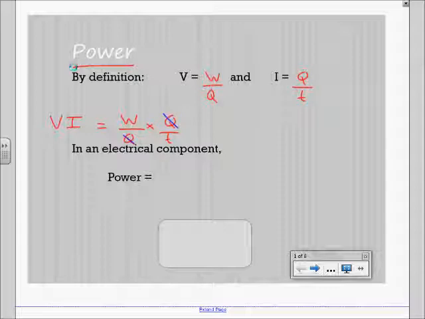And what do we end up with? W divided by T. And from our earlier work in terms of mechanical energy, work done divided by time taken is defined as power.